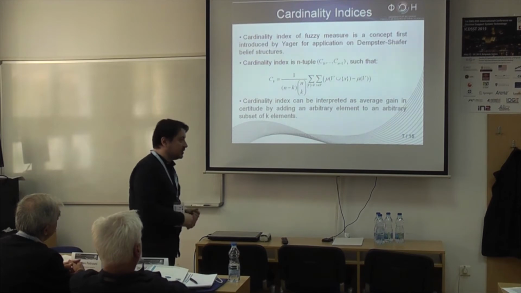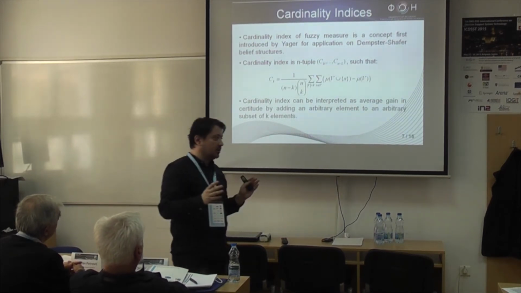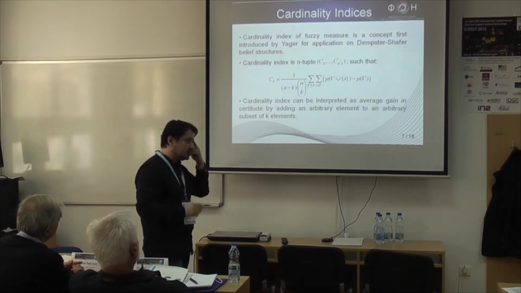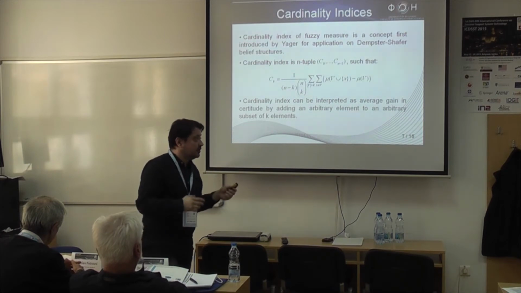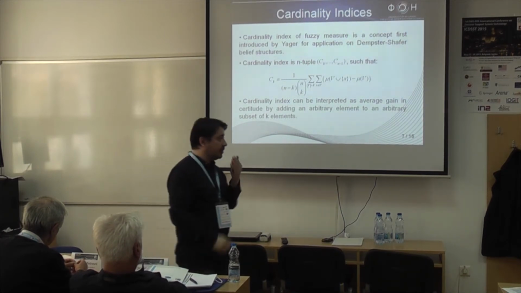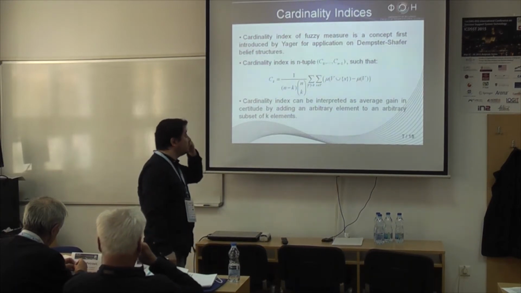Now we have to introduce another concept related to system signatures, and that is the concept of cardinality indices, which were first introduced by Jaeger for application in Dempster-Shafer belief structures.